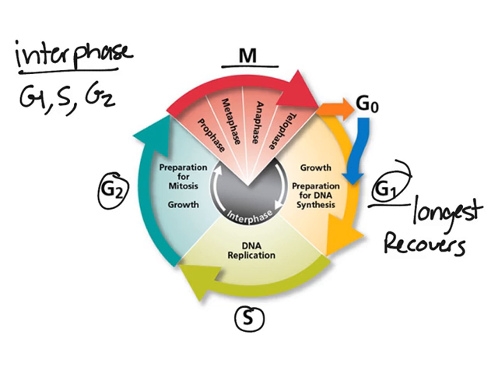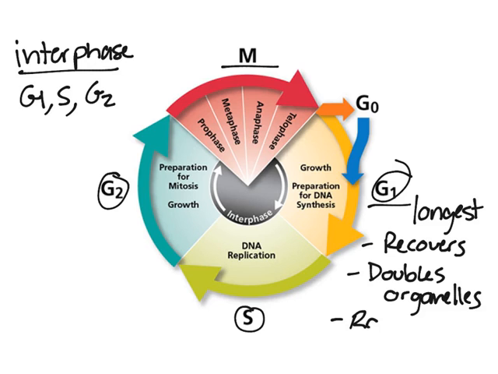The cell doubles the organelles to get ready for division, and it accumulates raw material for DNA, because DNA has to be replicated as well. Essentially, it's just growth preparing for DNA synthesis.